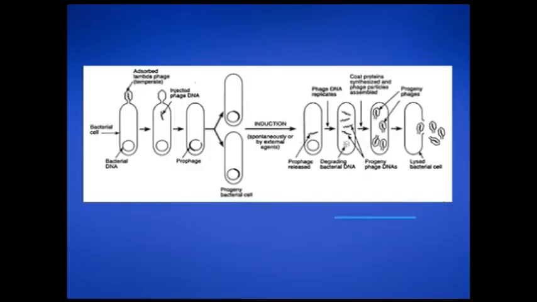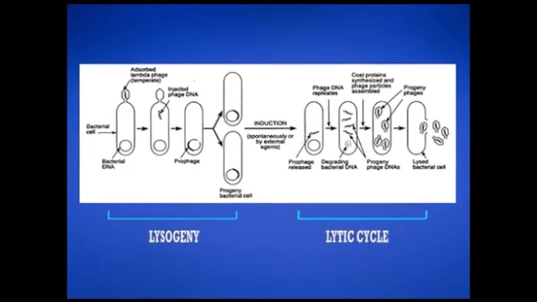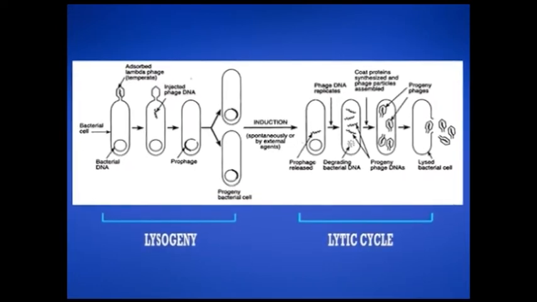Now we'll come to the lytic cycle versus the lysogeny cycle. The lytic and lysogeny cycles are the two different methods of viral replication. Under certain conditions, they are interchangeable, or the replication can involve both methods in separate phases. In both, the virus has to infect the cell.